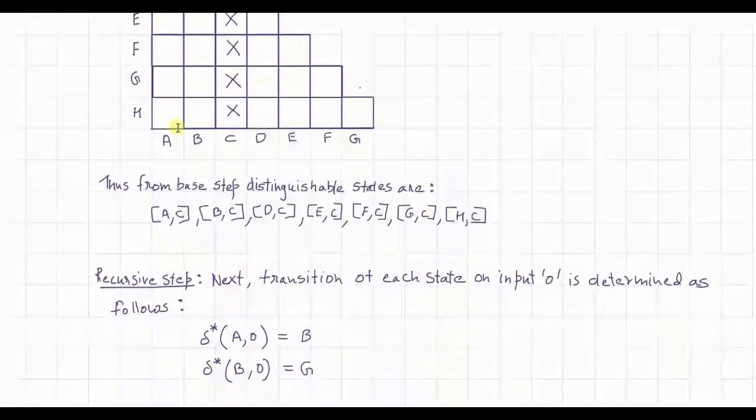Now we will require these base step distinguishable states that we have just found out, to find out which pairs we have to consider.